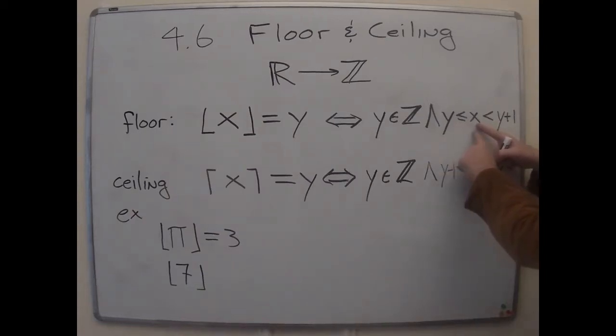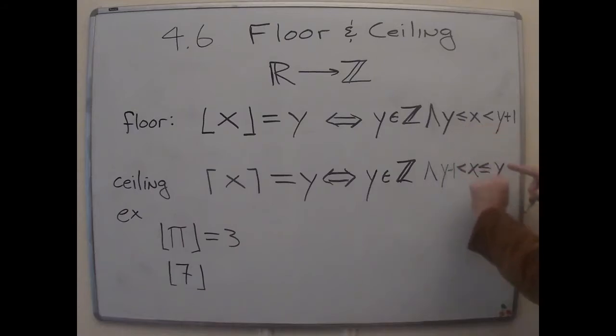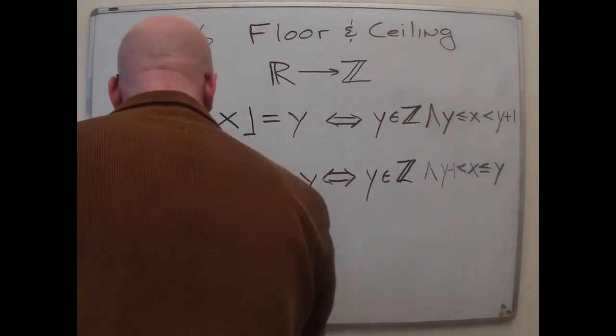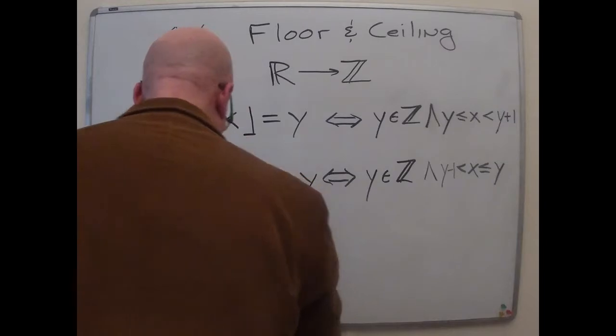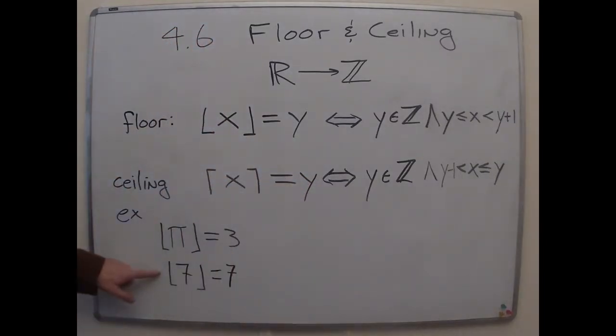Because these two being equal would satisfy the less than or equal, and then 8, y plus 1, would be definitely bigger than x. Seems like 7 would work for 7. And that's sort of an important point to recognize. If you've got a whole number, when you take its floor, it doesn't do anything. It's only when you have a number that's just off from being a whole number, like 3.14, that it'll get rounded down.